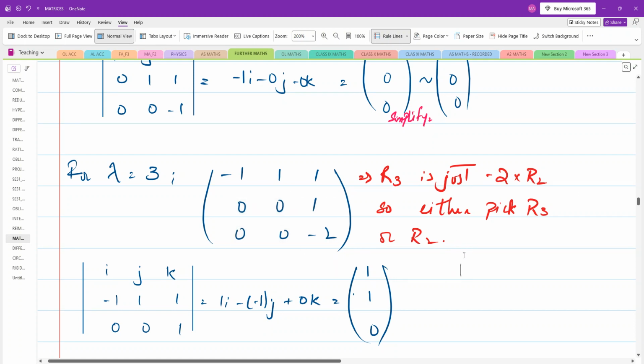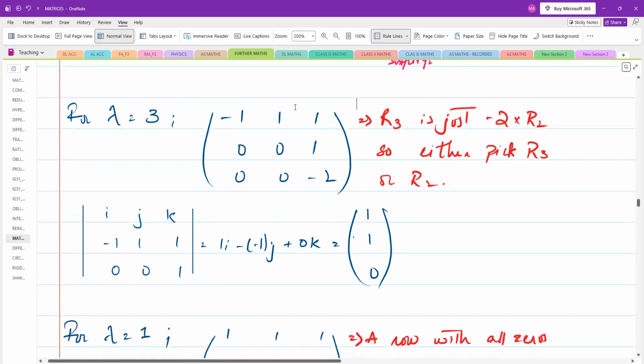These two are multiples of each other, so we have to pick either of them. I picked row 2 and row 1, and found their vector product, which gave me the resultant vector 1 1 0.